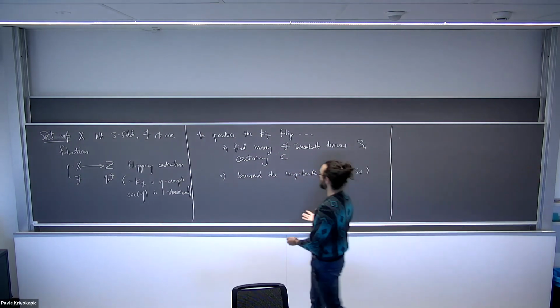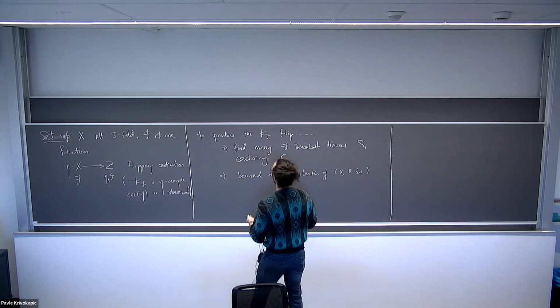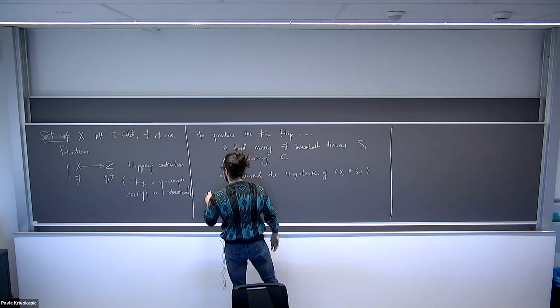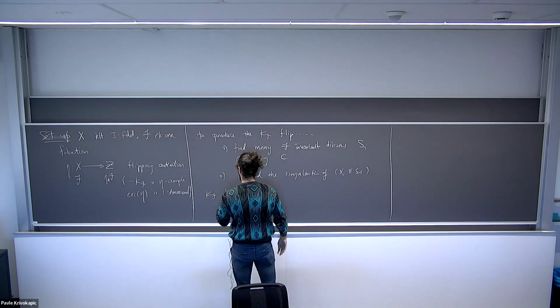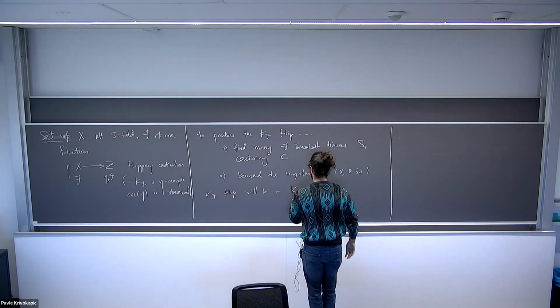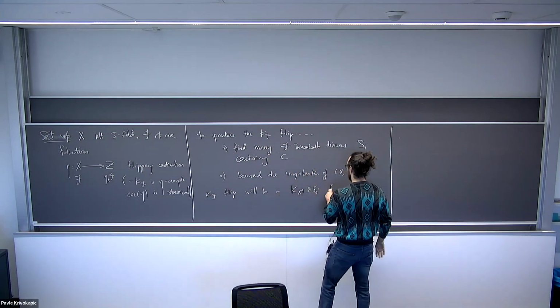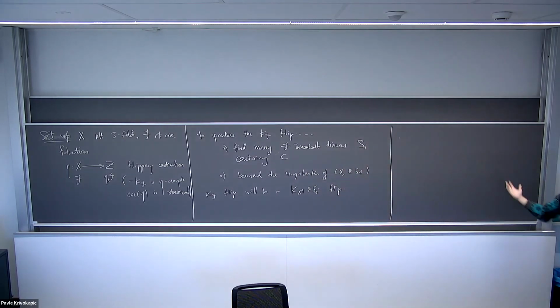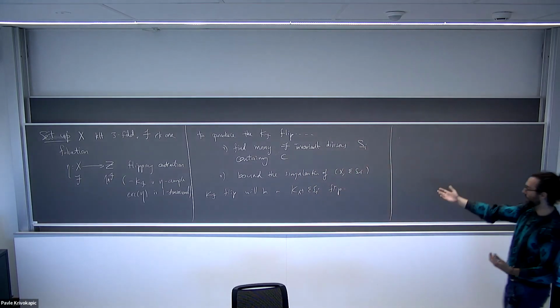And then we realize that if we solve these two problems, the KF flip will be a KX plus some Si flip, which is known to exist by BCHM. So we know that these log flips exist.